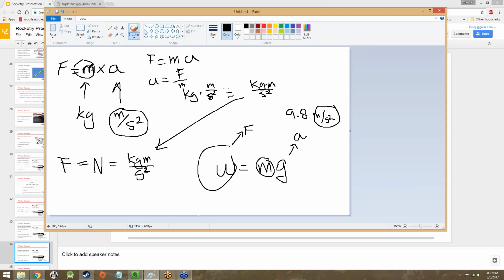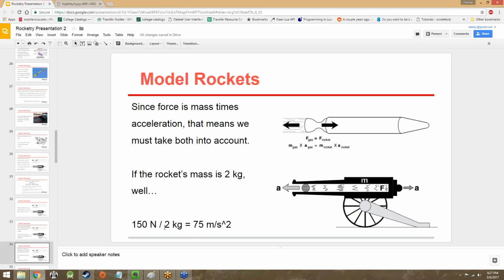Pretty basic algebra stuff. So we divide the force by the mass of the rocket, and that gives us an answer in meters per second squared, the acceleration of the rocket specifically. So if we have 150 newtons and our rocket is 2 kilograms, we know our rocket is accelerating at a rate of 75 meters per second squared.